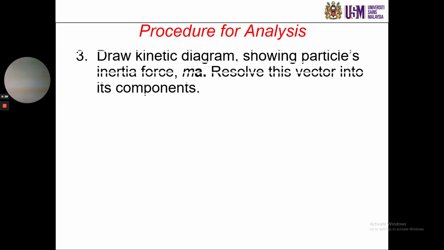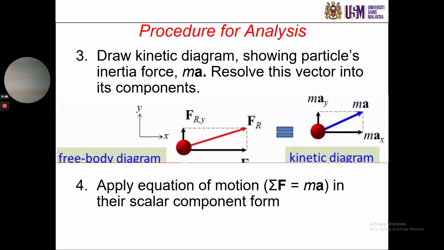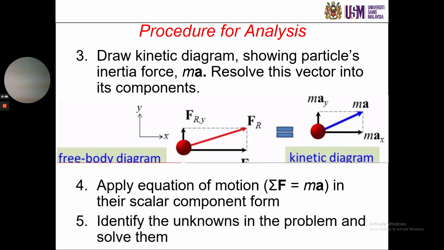Then draw the kinetic diagram showing the particle's inertia force m times a. Resolve these vectors into their components. So if you have F resultant y equals may, and F resultant x equals max, apply the equation of motion, sum of force F equals ma, in scalar component form.